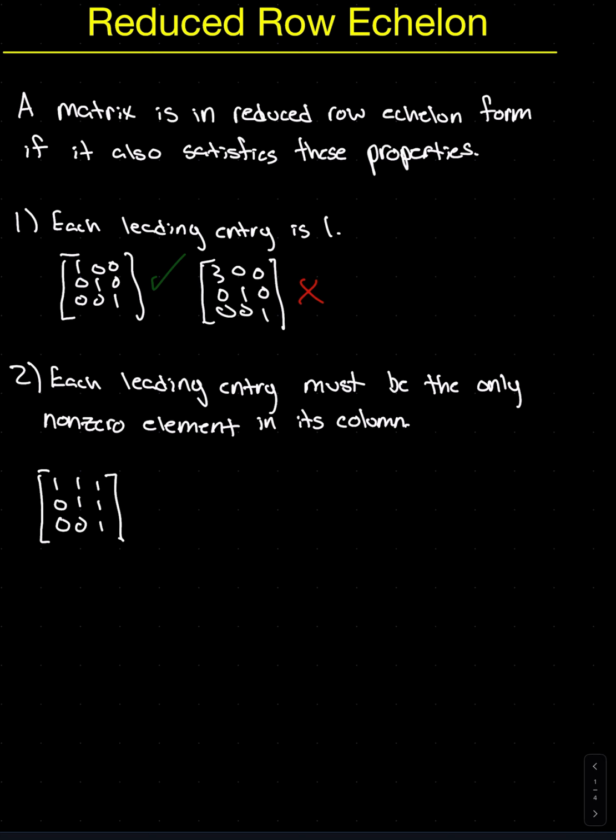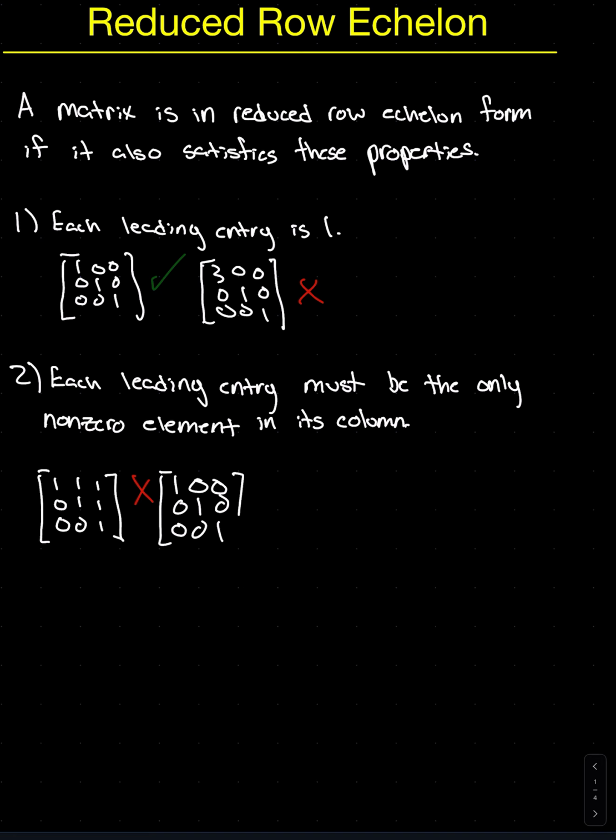So to start off, if we have this matrix right here, it clearly fails because the leading entries on the diagonal, 1, 1, and 1, all have other non-zero elements in their columns, which are these guys. So it clearly fails. So we can cross that out.